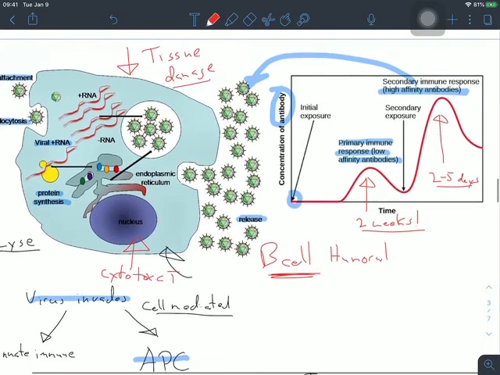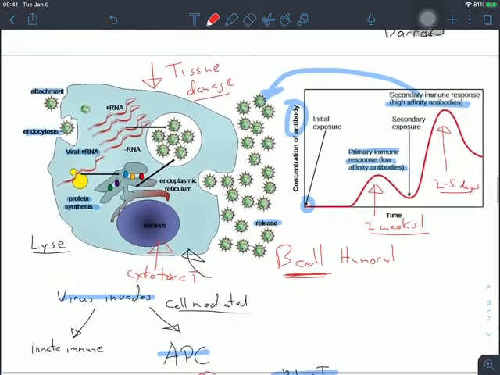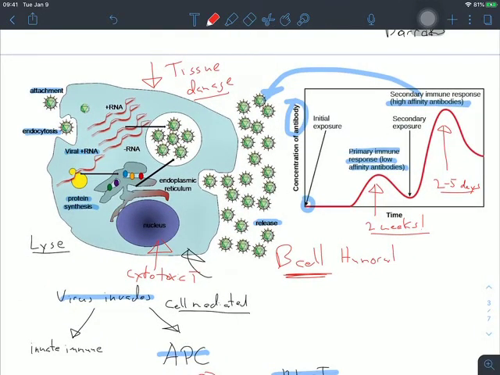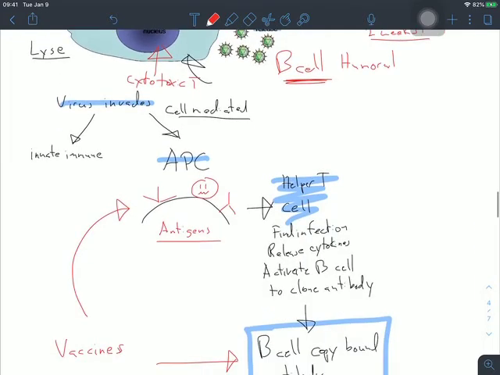And so your primary immune response has more tissue damage. It takes longer to heal from those things. In a secondary immune response, you're limiting the amount of cells that are being infected, responding quicker, responding more effectively, and reducing damage. You might not even notice that you were really that sick at all.